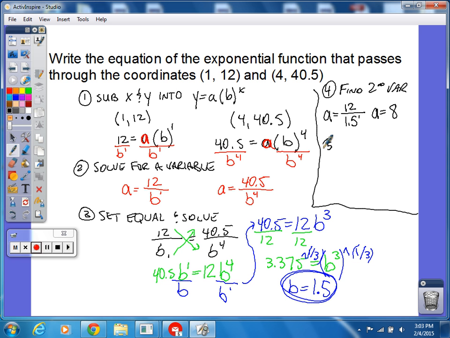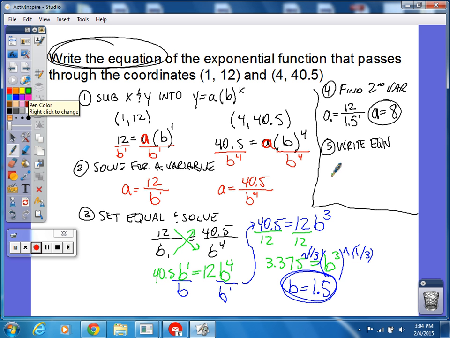And then the fifth and final step is to write the equation. Because remember, that was the original part of the instructions, to write the equation. So when I do that, I'm going to end up with y equaling 8 as my starting value, 1.5 as my multiplier, and x as my exponent.